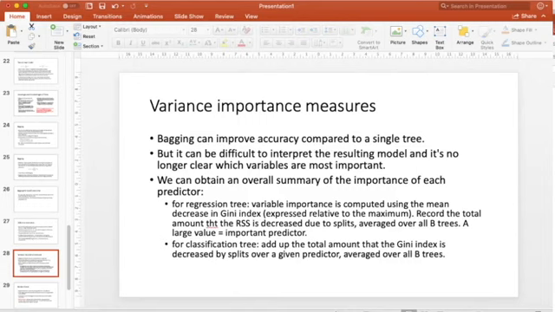We record the total amount that the RSS is decreased due to splits, and then we average over all the B trees. If you have hundreds or 1,000 trees, we average over all of them. A large value indicates an important predictor. For a classification tree, we add up the total amount that the Gini index is decreased by splits over a given predictor, and then we average over all the B trees.